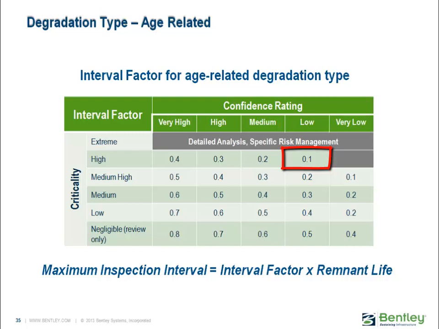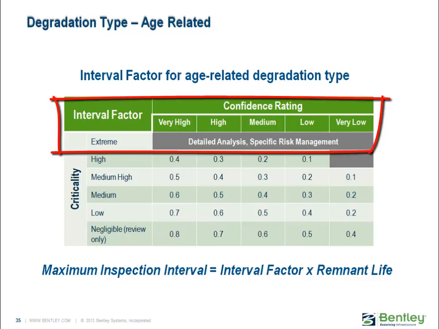This means that an asset with a high criticality, in which we have low confidence in the stability of its degradation mechanism, the monitoring of its condition, or the previous results of the inspections, has to be inspected much sooner than an asset with a negligible criticality and very high confidence. For those assets that are extremely critical, regardless of how confident we are in their rating, analysis with specific risk management techniques has to be done to define when and how the next inspection should be carried out.